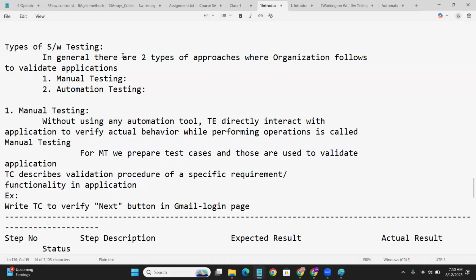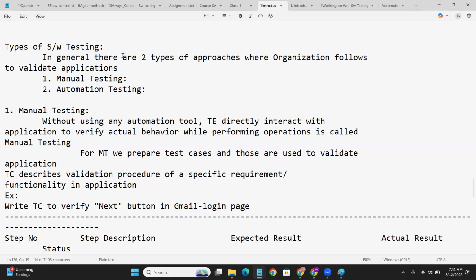So, types of software testing. In general, there are two types of approaches that organizations follow to validate applications. One is manual testing, the other one is automation testing. What is manual testing? Without using any automation tool, the test engineer directly interacts with the application to verify actual behavior while performing operations is called manual testing.